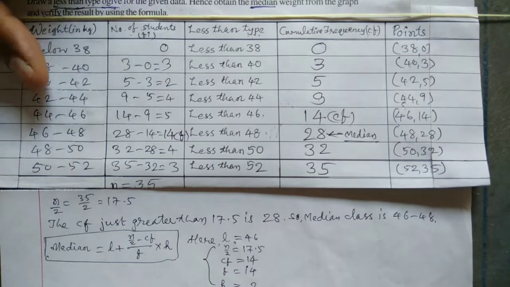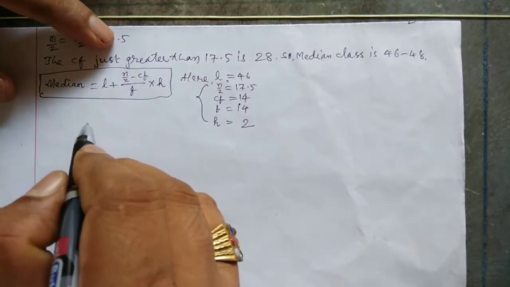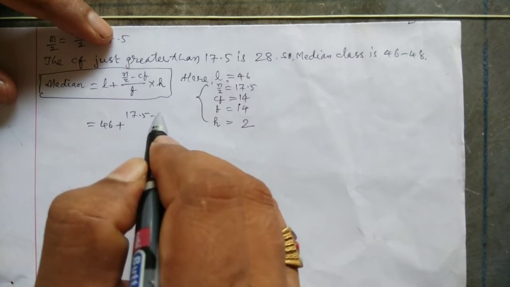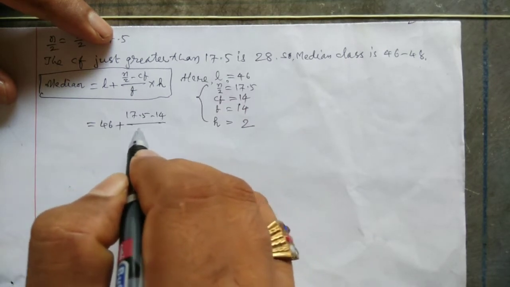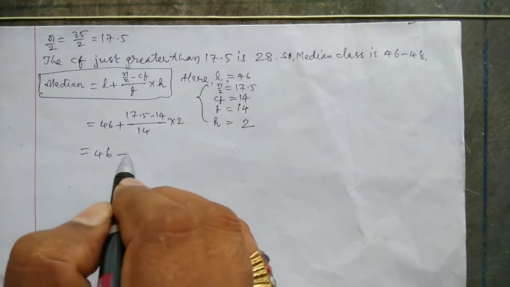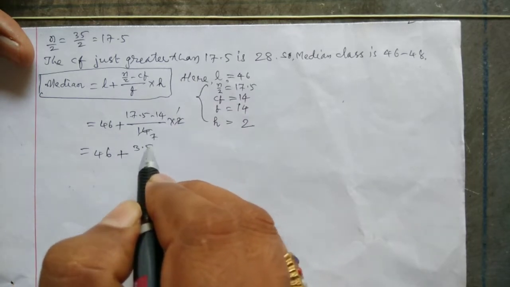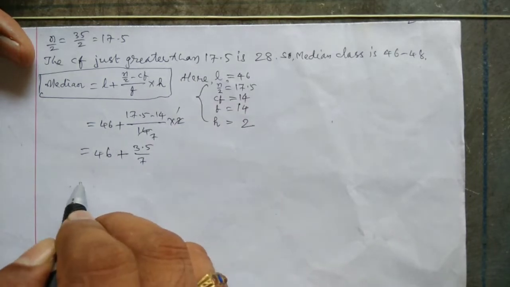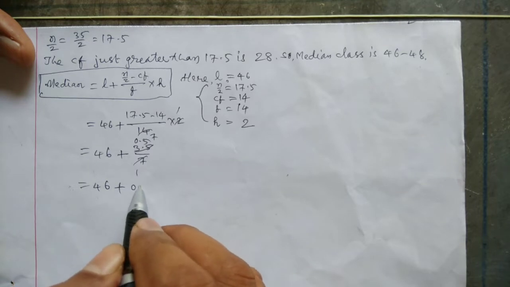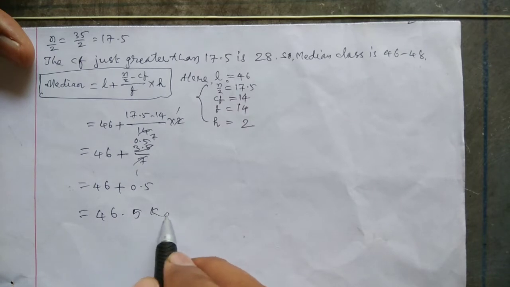Substituting these values in this formula, we can get the median. L value 46 plus 17.5 minus 14 by 14 into 2, 46 plus 3.5 by 7, 46 plus 0.5, that is 46.5 kgs.